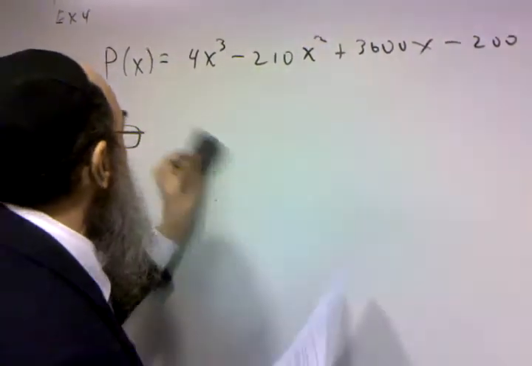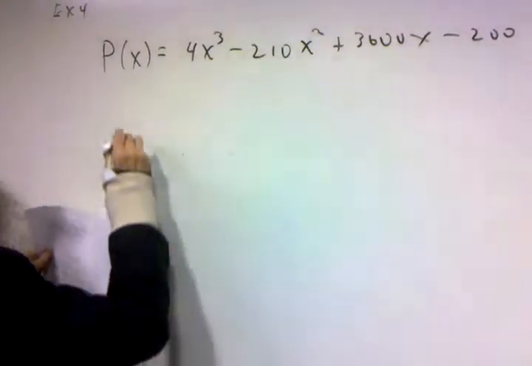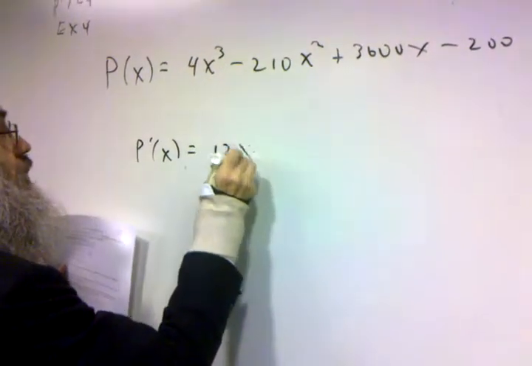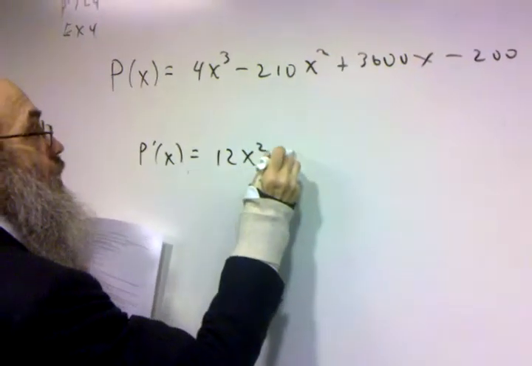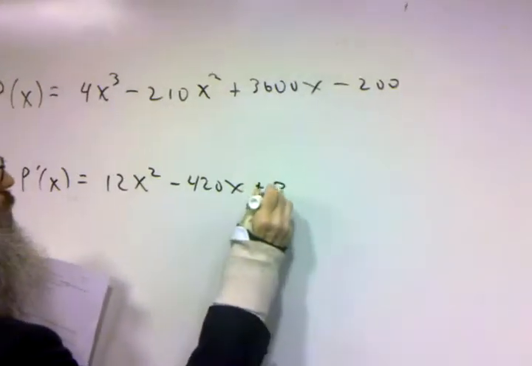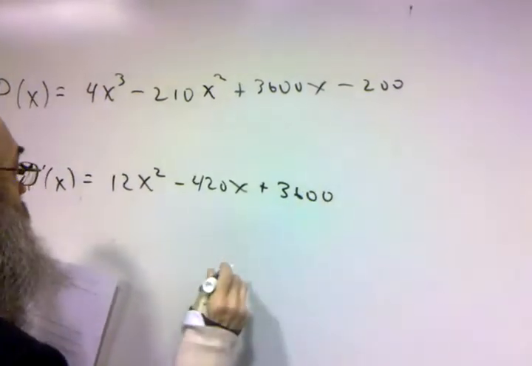So first we have to take the derivative. P prime of x equals 12x squared minus 420x plus 3,600. We want to set it equal to 0.